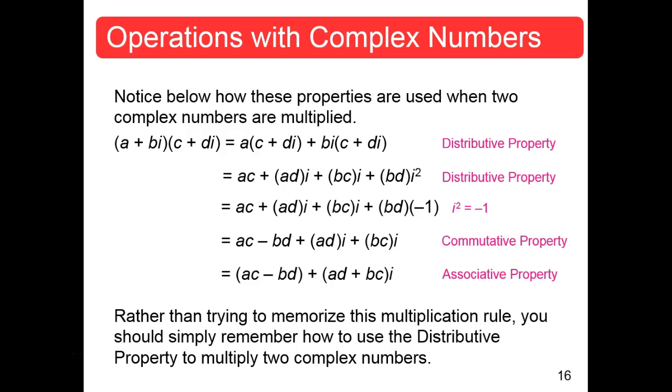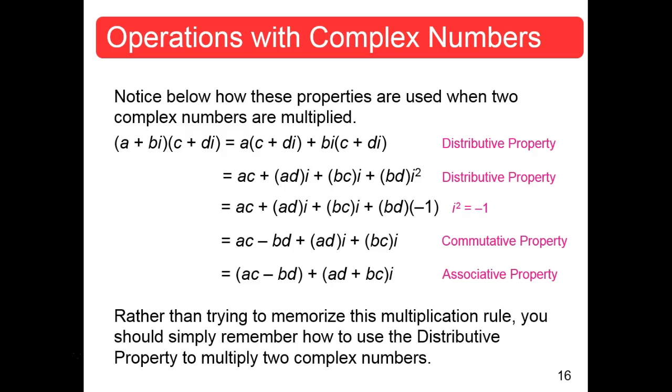Notice how these properties are used when two complex numbers are multiplied. Guess what? I really don't care about those. I just want to, guess what I would say do to this. It's like multiplying two binomials. And what do we call that? Foiling it, of course. So a times c, that's your first. Okay, they go through all this.